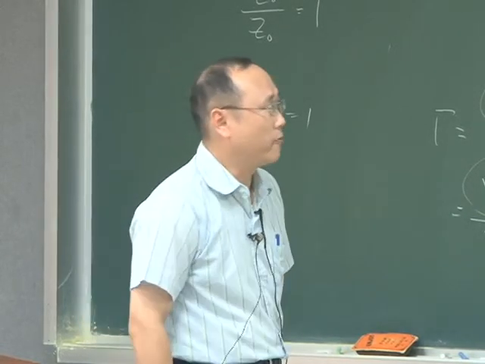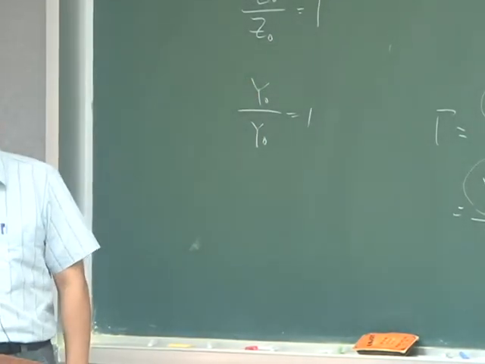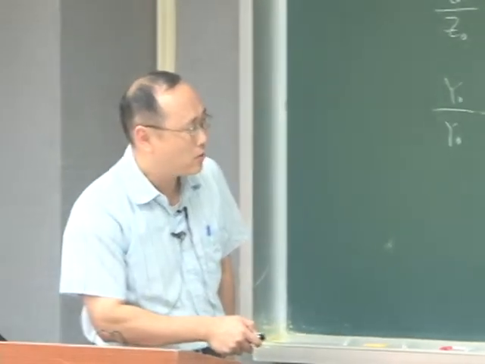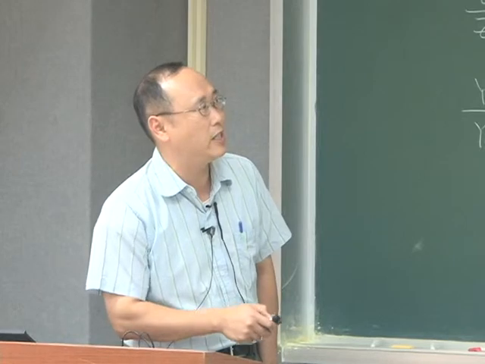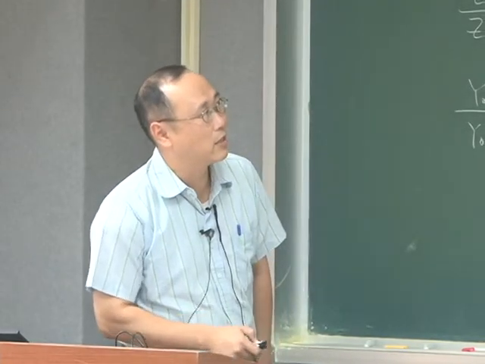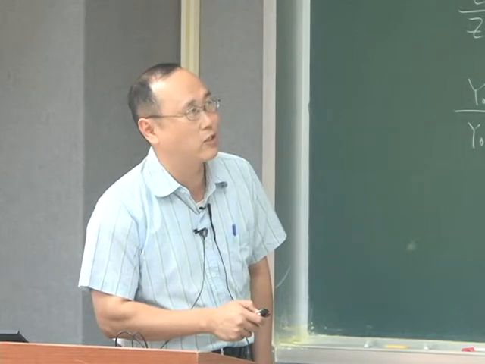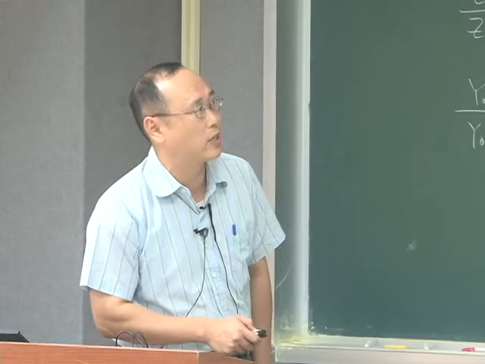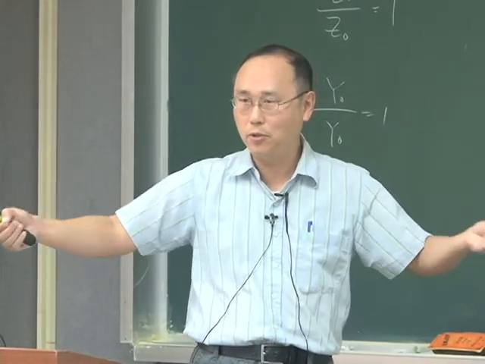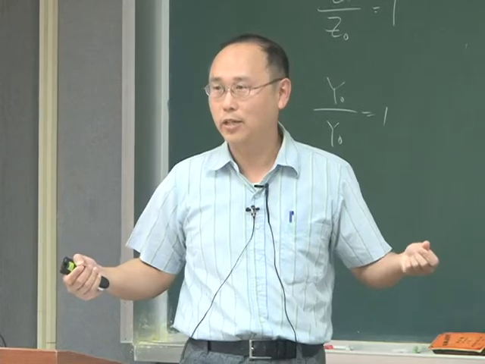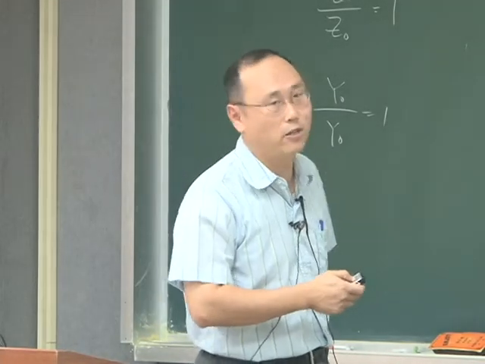Let me give you one example, and then we walk down these steps 1, 2, 3 to figure out D and L. In this problem, the variables you need to know are D and L as a function of wavelength. When you take a transmission line, you must decide its length.